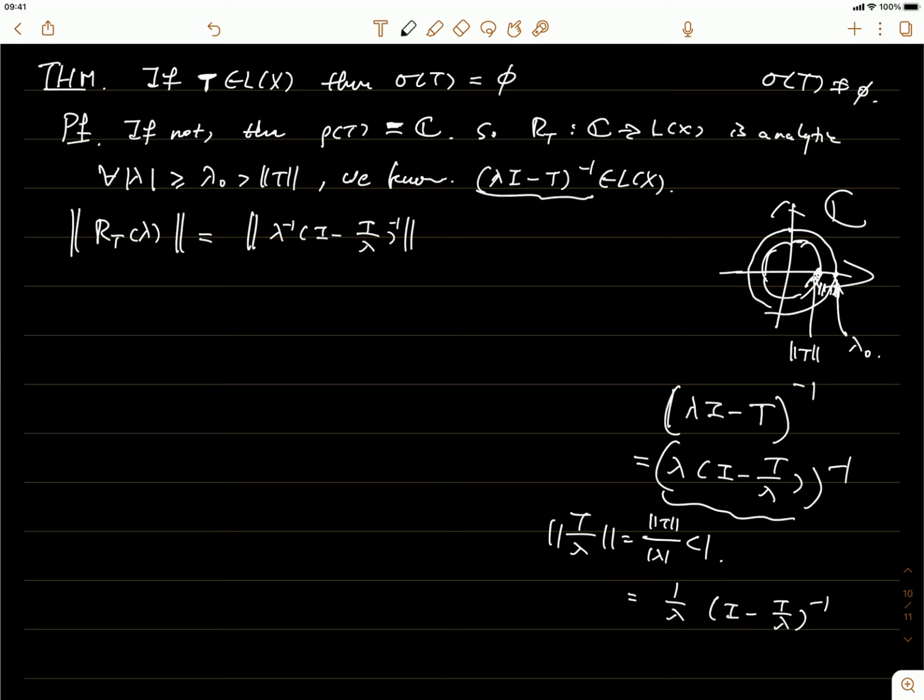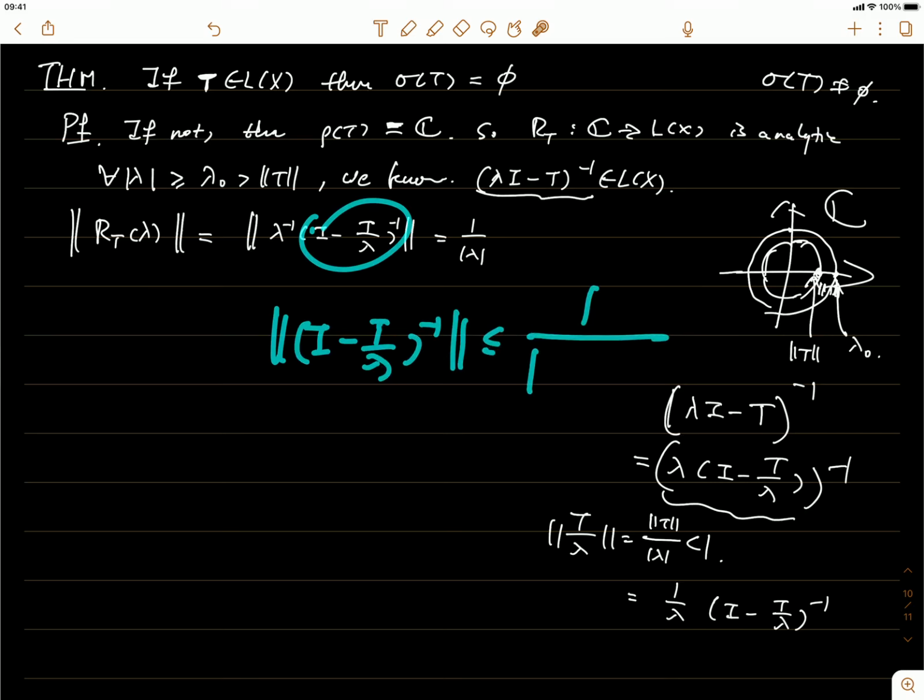So this thing here is equal to 1 over the modulus of lambda times the norm of this part. But I know that the norm of this is less than or equal to 1 over 1 minus the norm of T over lambda. This is what we showed before.